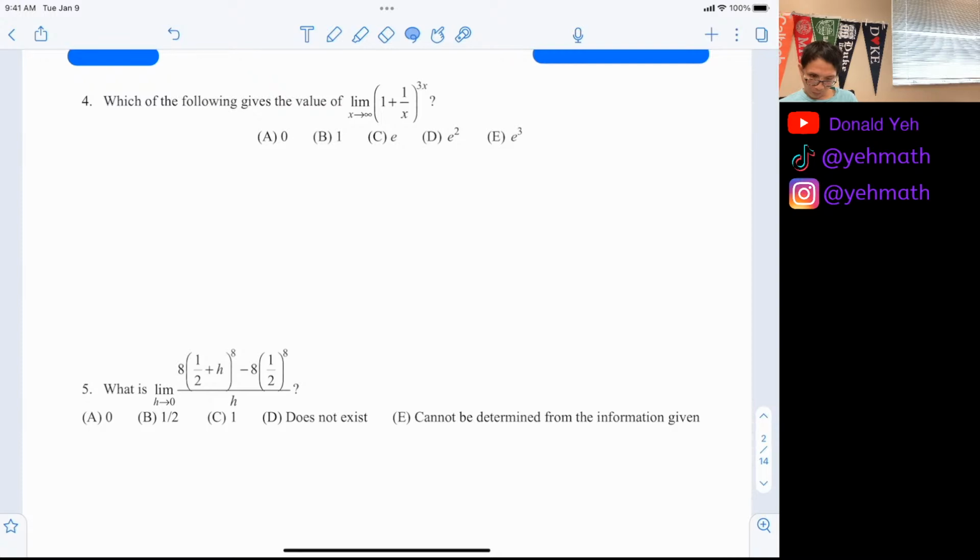I'm getting 3 over 1 plus 1 over x. Isn't this the definition of derivative? I think it's 0.